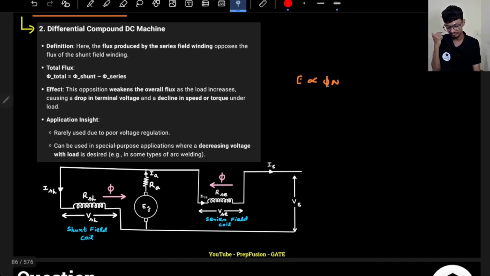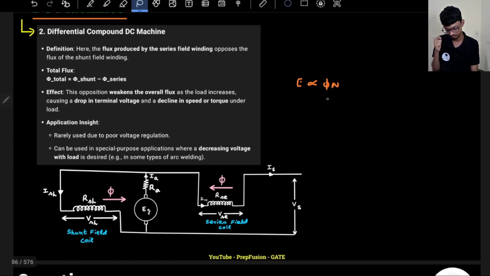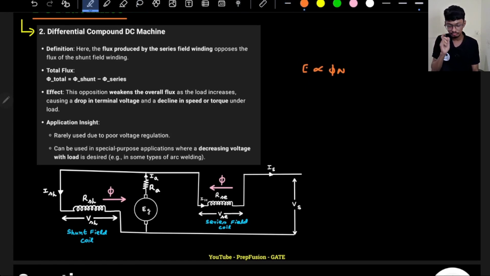Again, if flux reduces, the overall generated EMF also will reduce, if speed is assumed to be constant. For a motor, if the back EMF is fixed and the flux is reducing, then the speed will increase, just the opposite of the cumulative case.